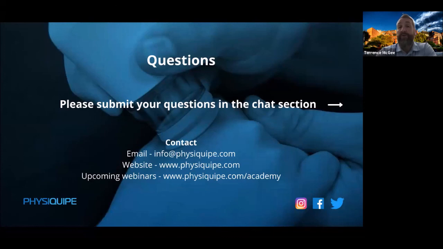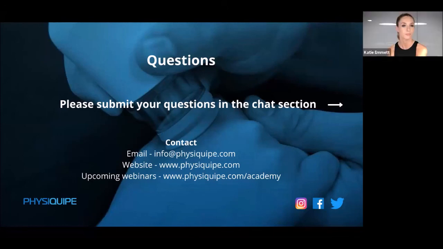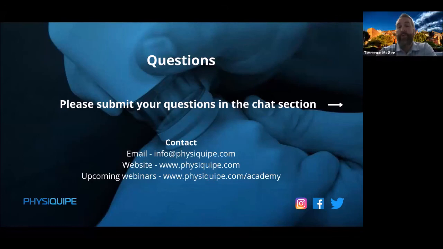However, what I do use are provocation tests, and Laslett's work looking at different provocation tests for the SI joint to me are a really good predictor of whether or not the SIJ can be implicated. So what I like to say is I believe everything kind of starts from the pelvis, and then it either moves above or below from there.